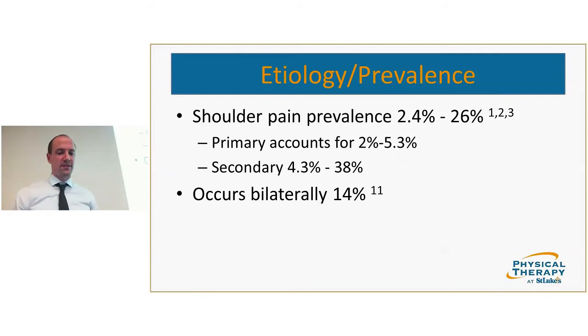And unfortunately, it does occur bilaterally in some cases, which can obviously be very debilitating for the patient, because now they have two shoulders that are pretty much out of commission. You've probably seen some that have one and it's very difficult for them to function. So obviously if they're one of the unlucky ones that gets bilateral affected, it can certainly be quite the impact on their life.